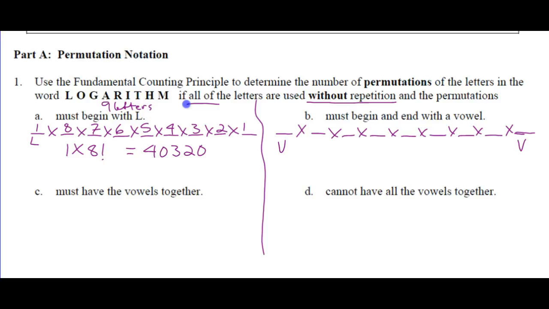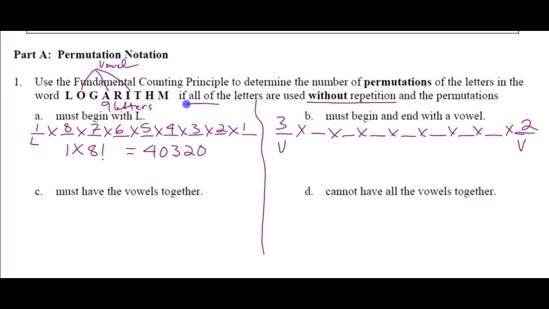How many of the letters in logarithm are vowels? We've got 3. So how many choices do I have for this first blank? 3. We have to deal with restrictions first, so how many choices do I have for that last blank? 2.